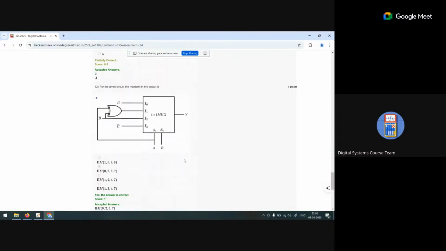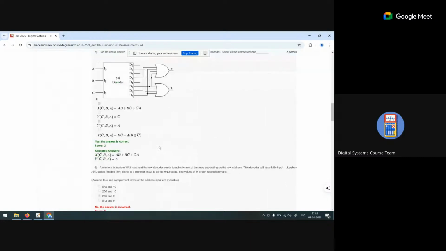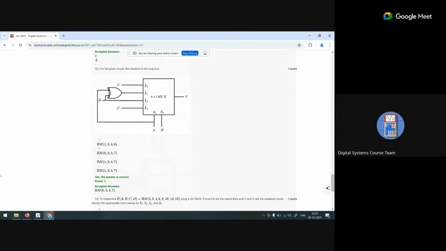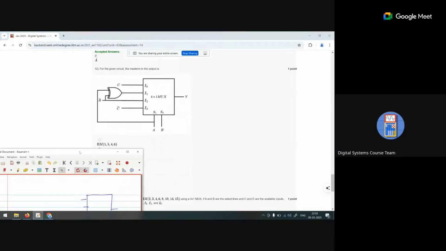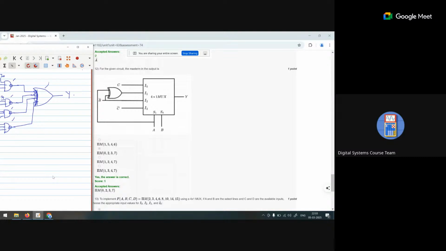12 and 14. So if you see in this particular diagram, the select lines are S1, S0, Y. If your select line is 0, 0, then Y is C. When your select line is 0, 1, Y is I1.